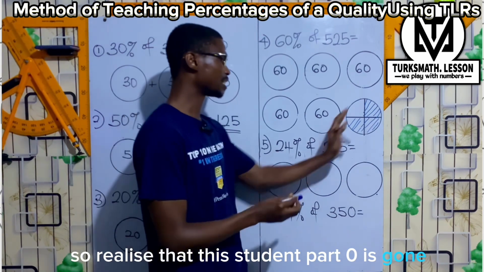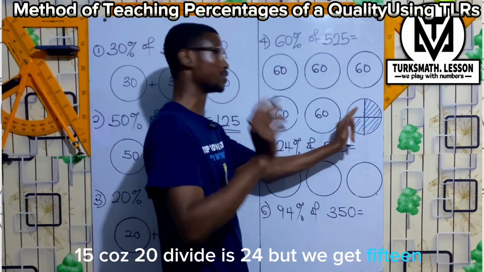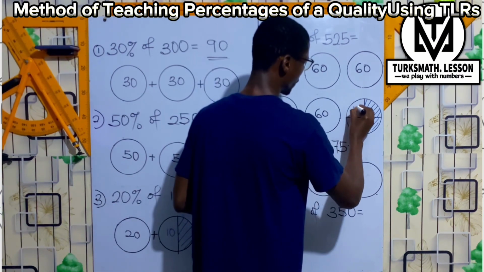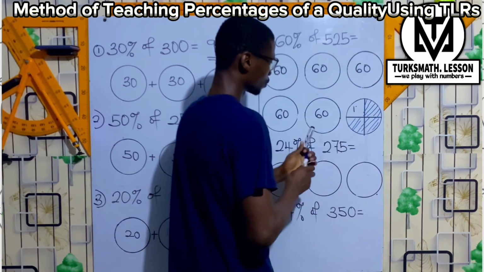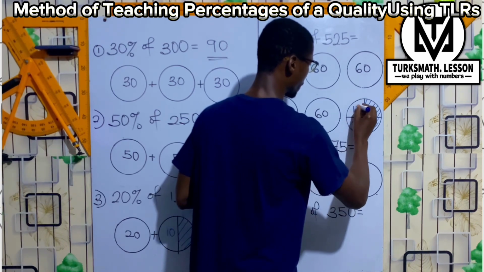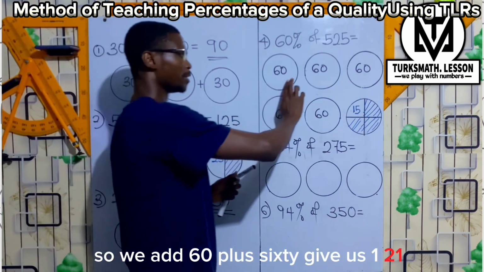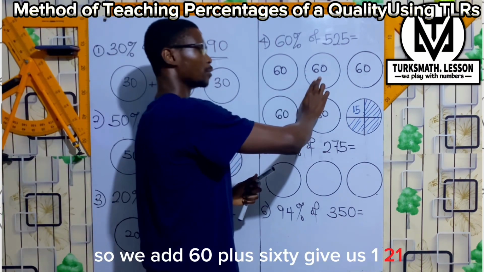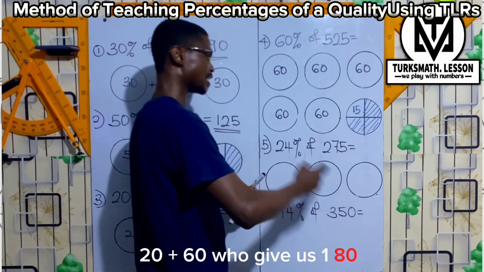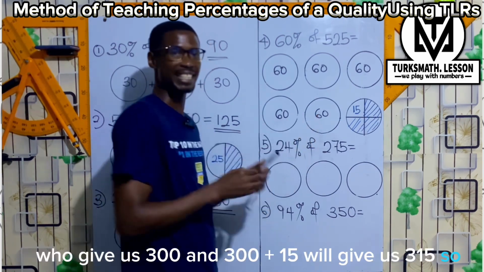So you realize that this shaded part is all gone. This 25 now, we're not going to write 25, we are going to write 15, because when you divide this one into 4 parts, we get 15. So we're now going to add. 60 plus 60 will give us 120. 120 plus 60 will give us 180. 180 plus 60 will give us 240. 240 plus 60 will give us 300.